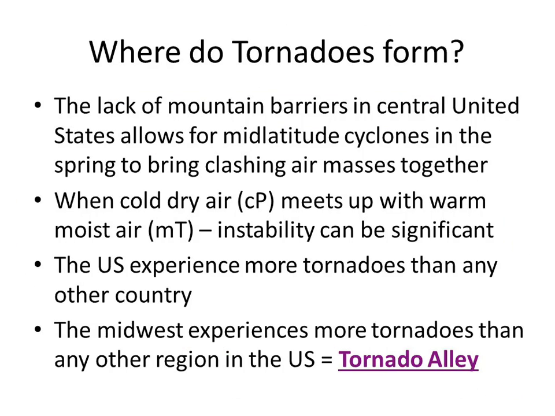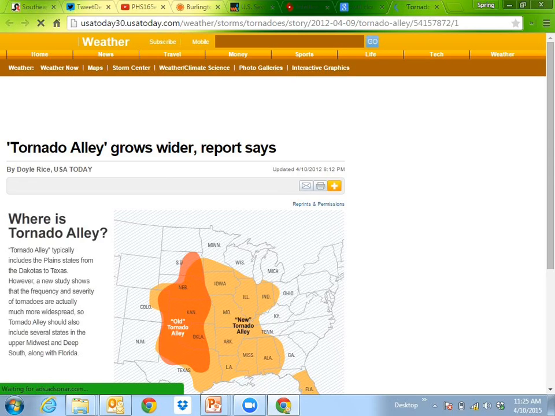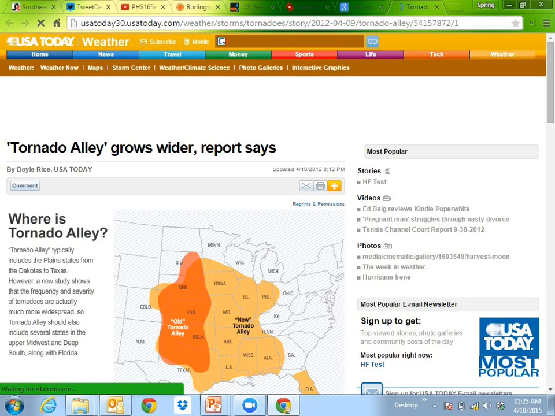Where is it? How would you guys describe Tornado Alley if somebody asked you where it is? Like through the Oklahoma area, Kansas. It's hard to describe. Someplace flat, someplace where those continental polar and maritime tropical air masses can meet.